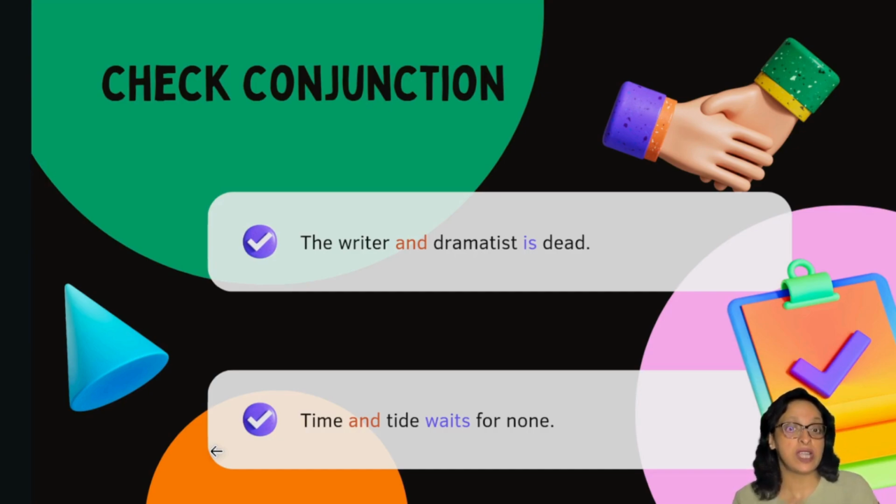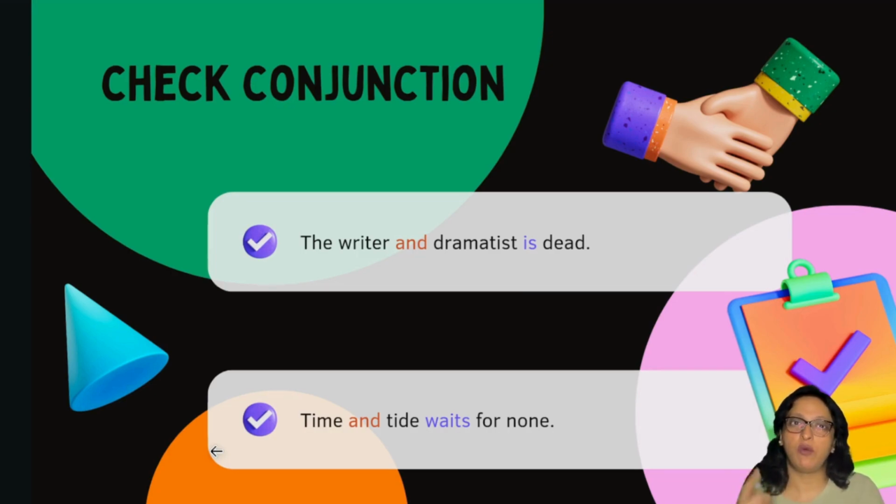Why? Because time and tide, we don't mean two separate things here. We mean just like time, time and tide both are same. They never wait. Tide comes and goes. It is a continuous process. You can't stop it anyway. Even if we try hard, we can't stop the tide coming in and going back. Same way, time is a continuous process.